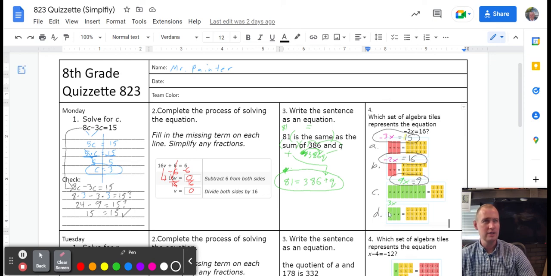And the last one, we have D, 3x equals 1, 2, 3, 4, 5, 5 by 3 equals 15. Now, what I'm going to do is take the one that matched. So with our original equation, negative 2x equals 16, it looks like it will match answer B. So B, or the second row, would be the correct answer for number 4.